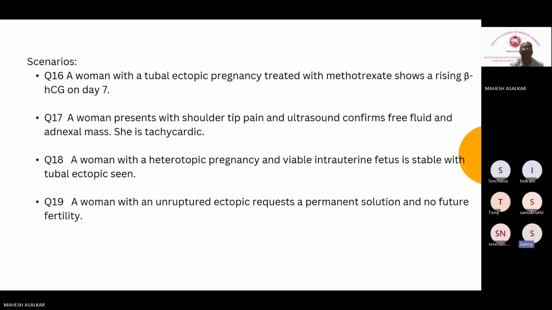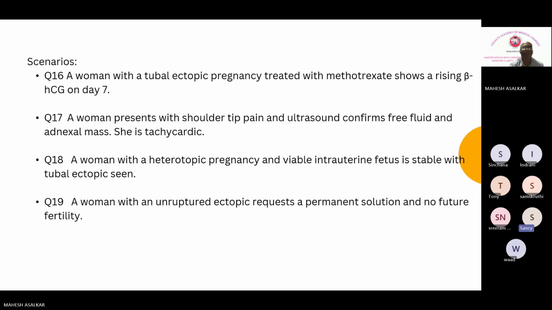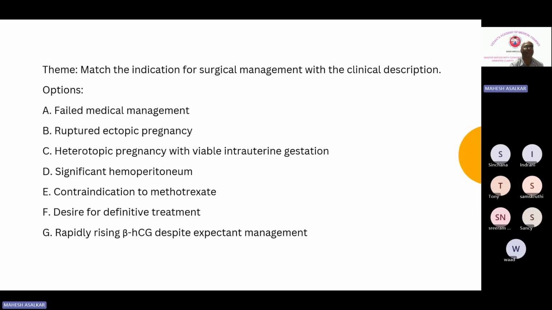A woman with heterotopic pregnancy and viable intrauterine fetus is stable with tubal ectopic seen. Option C, so heterotopic pregnancy with viable intrauterine gestation.